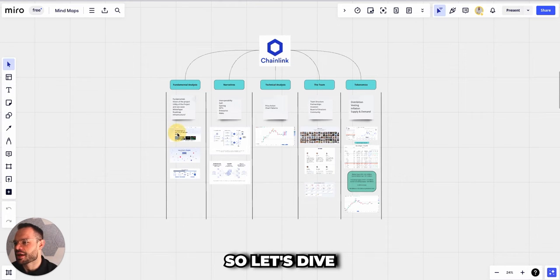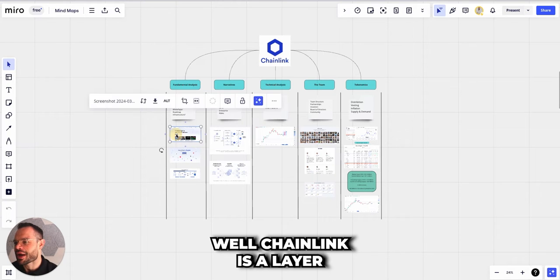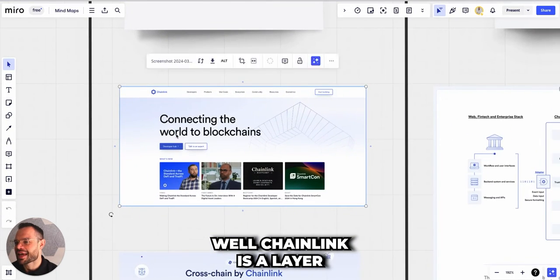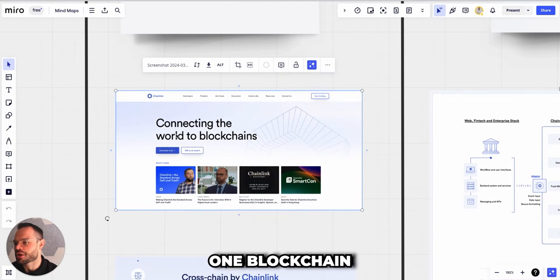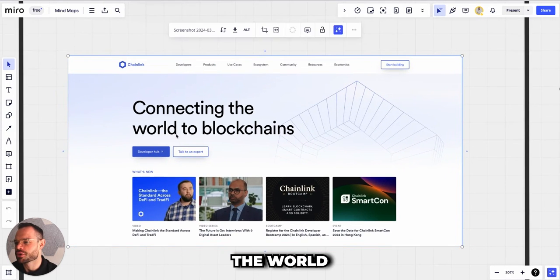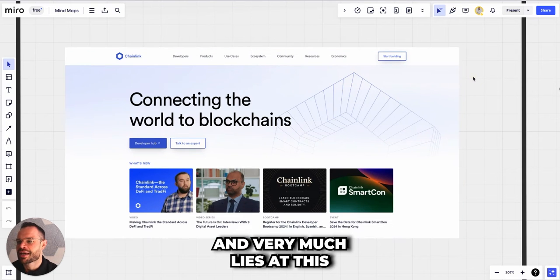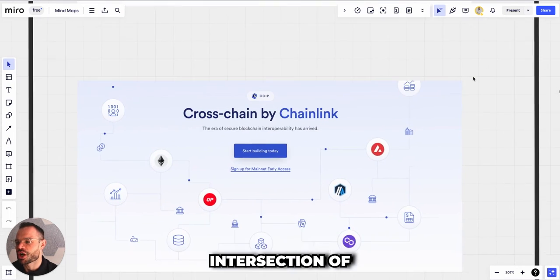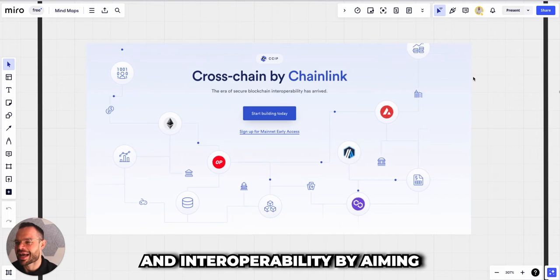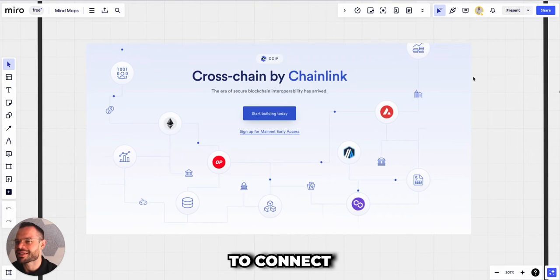So let's dive in. What is Chainlink at a fundamental level? Well, Chainlink is a layer 1 blockchain that is connecting the world to blockchains and very much lies at this intersection of cross-chain compatibility and interoperability by aiming to connect all of the largest blockchains in the world.